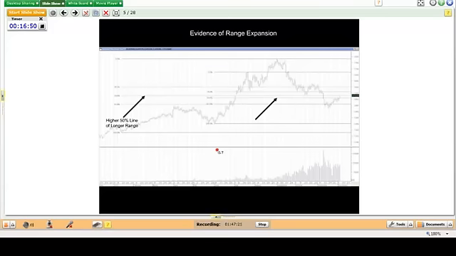Wow. Yeah. Hold on. Let me try something with the pointer, and see if it coordinates with my mouse here. Hold on, guys. I'll be right back.